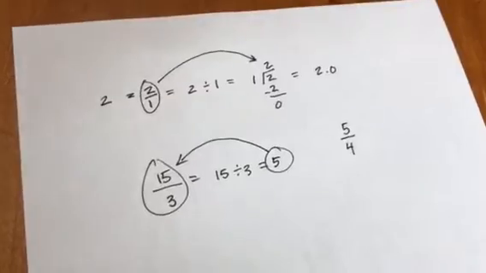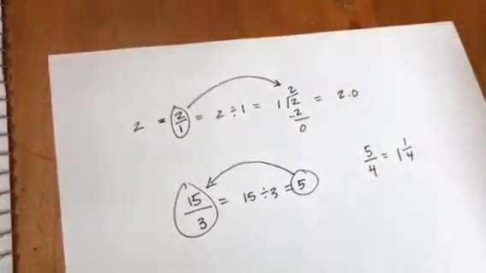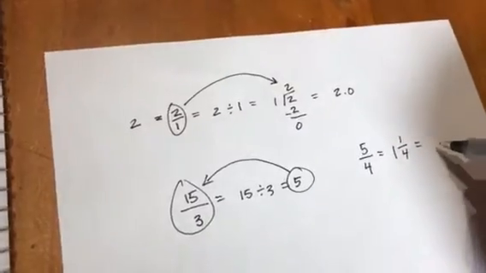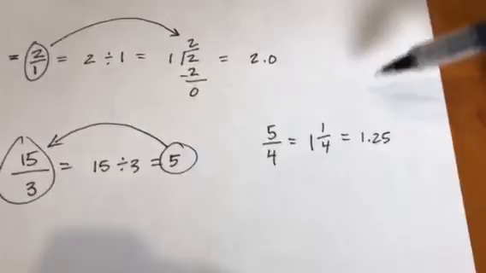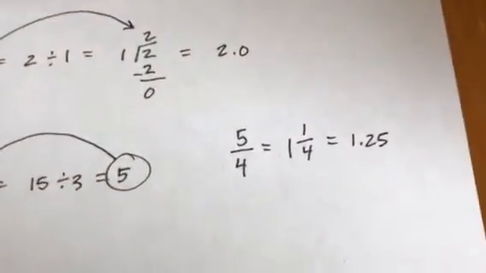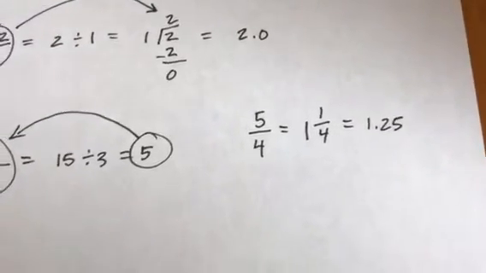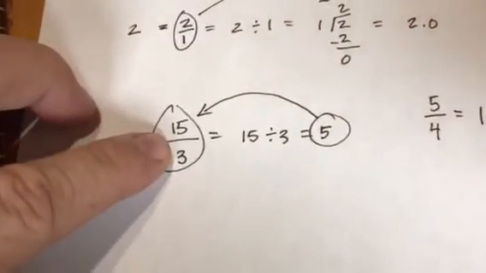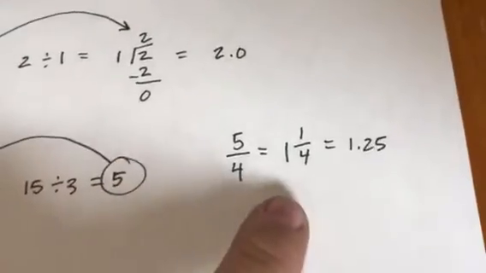Well, that doesn't equal a whole number. 4 goes into 5 one time with 1 left over, so you have 1 and 1/4, or as a decimal, that's 1.25. Okay, that is a rational number because it is a fraction or a decimal only. It doesn't equal a whole number, and if it doesn't equal a whole number, then it cannot be an integer. So I don't want students thinking that all improper fractions will be whole numbers, because many of them aren't.